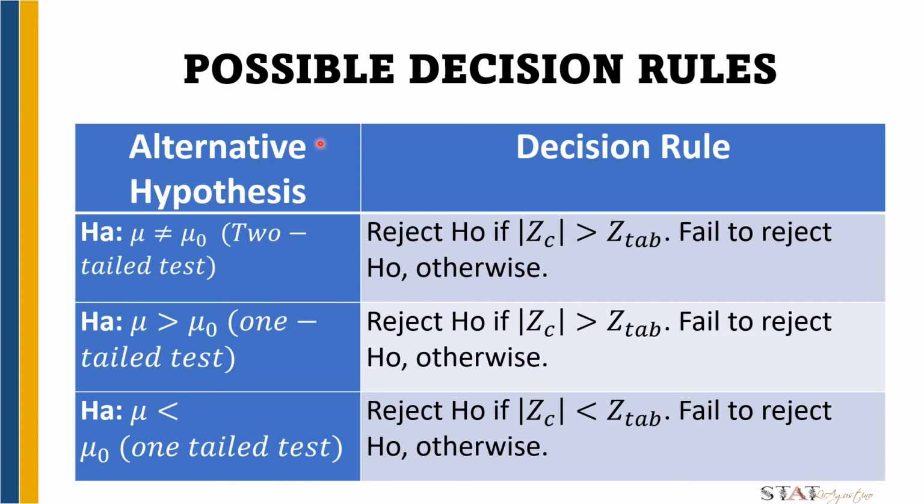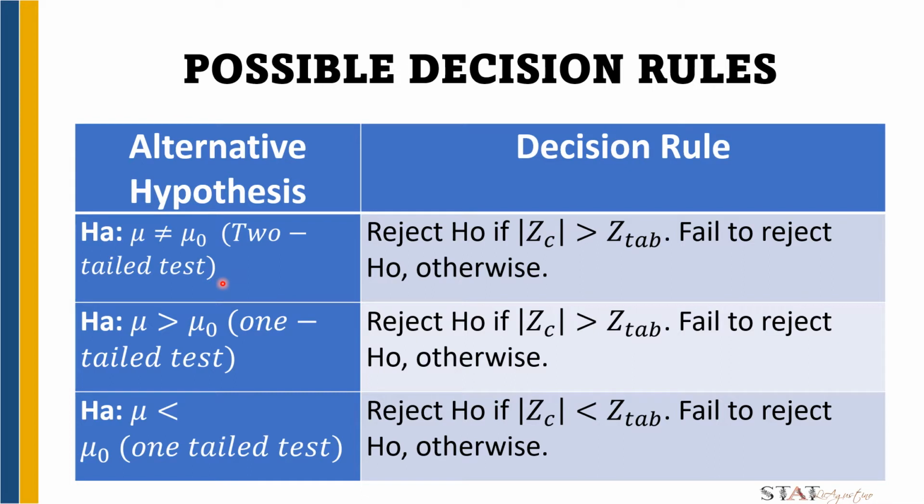So what are the possible decision rules? Our null hypothesis is always that there is no significance, so your mu is equal to your hypothesized mu, or your mean, or your variance it could be. As I've said, if you see an equal sign in your alternative hypothesis, it signifies that it is a two-tailed test.